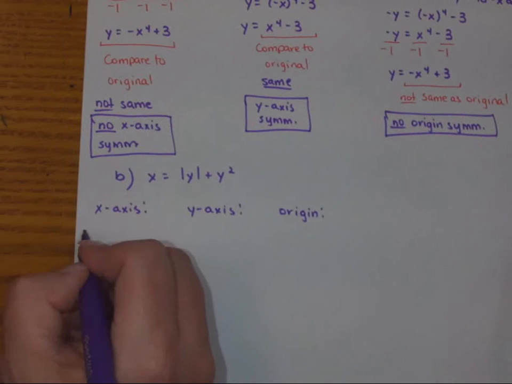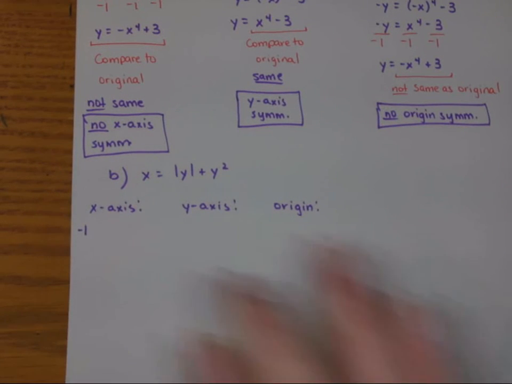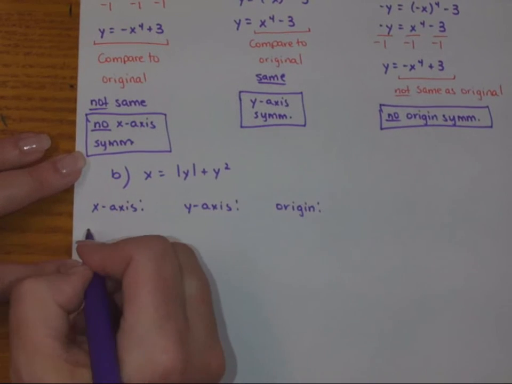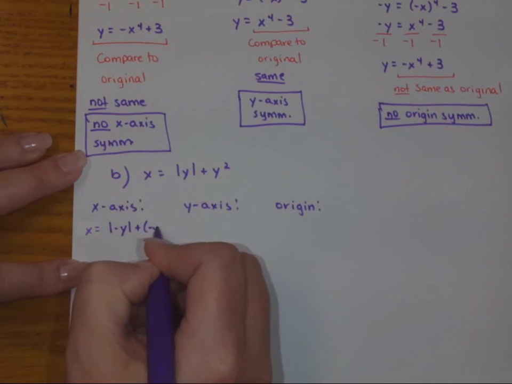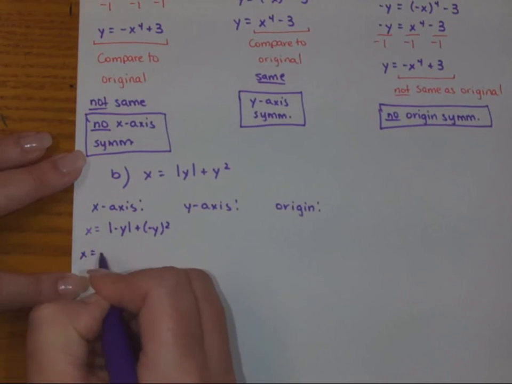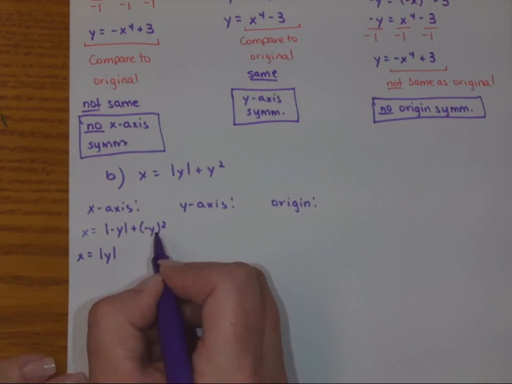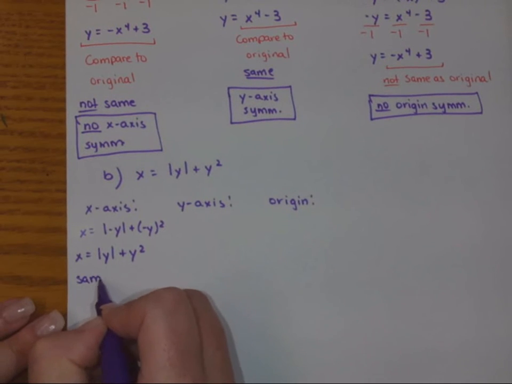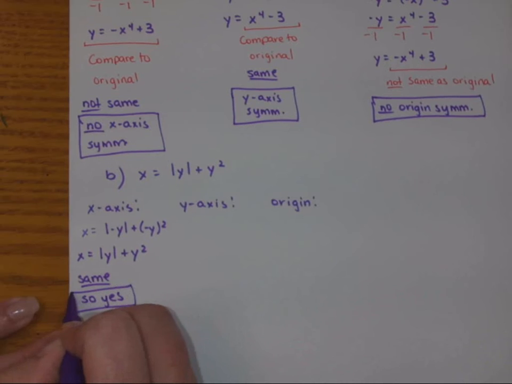So for x-axis symmetry, we replace y with -y. So we're going to have x equals absolute value of -y plus -y squared, and then simplify. So x equals, notice it's absolute value, so that would change to a positive. A negative times a negative is a positive. Okay, notice it is the same. So yes, for this one, it has x-axis symmetry.